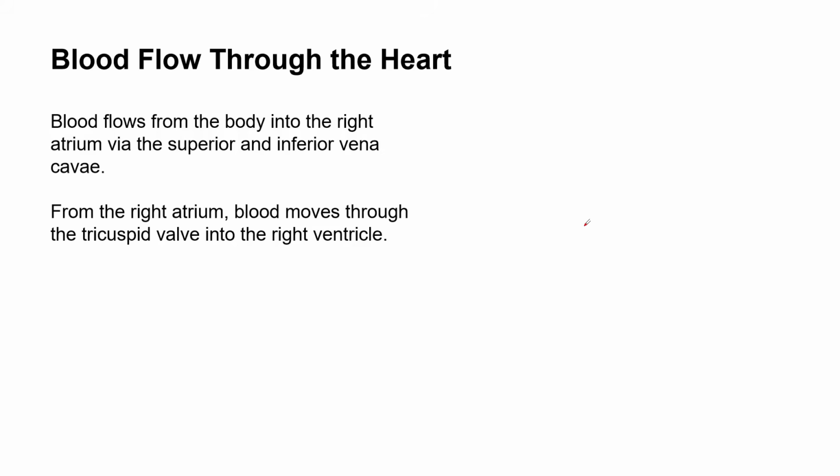And from the right atrium, the blood moves through the tricuspid valve into the right ventricle. So when the deoxygenated blood is received from the body into the atrium, from the right atrium it will move to the right ventricle through the tricuspid valve.